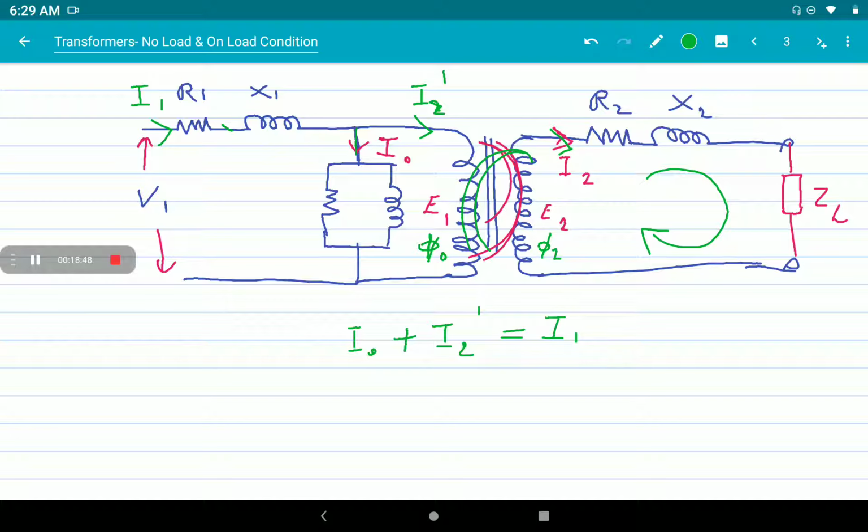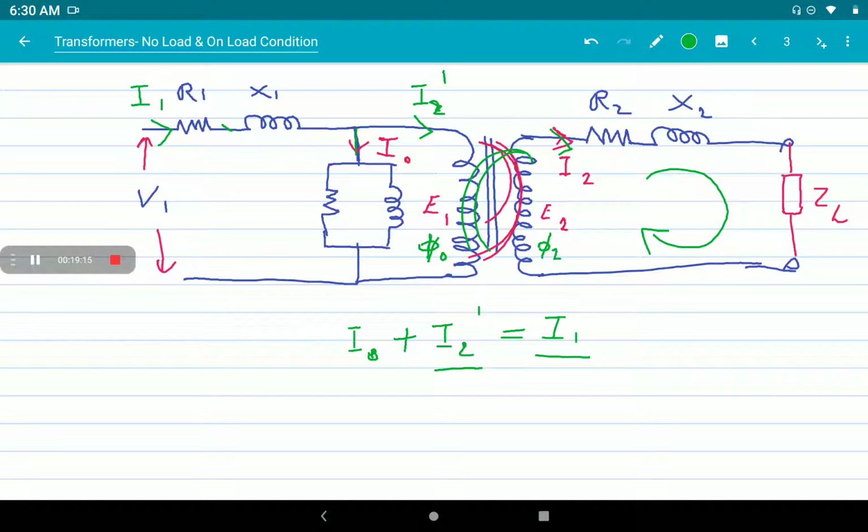So it tries to kill the flux. The primary winding has to overcome this situation, so it produces an extra current, that is I2 dash. So when the transformer is on loaded condition, the primary current increases to I1. I1 is the vectorial sum of the no load current I0 plus the load component of current I2 dash.